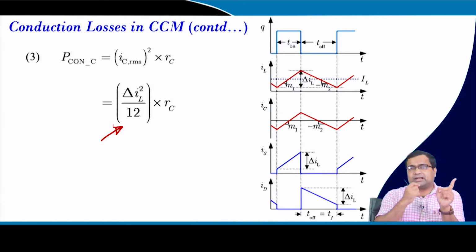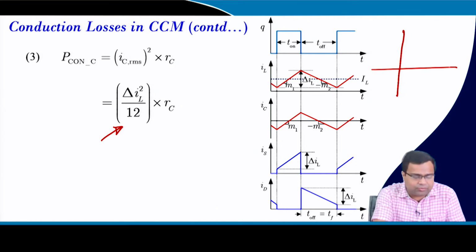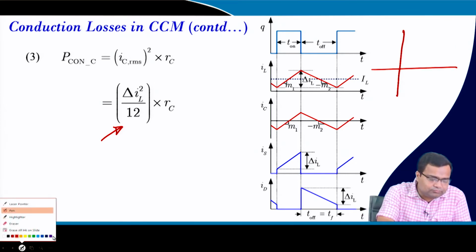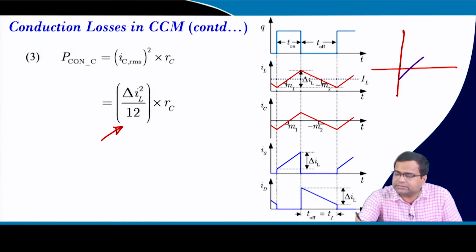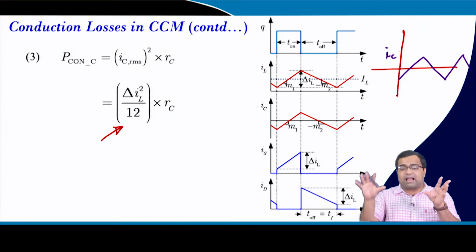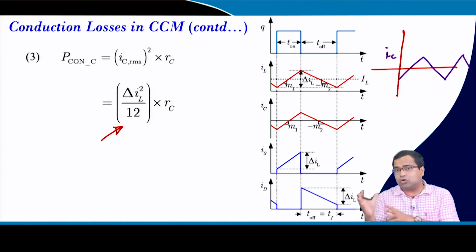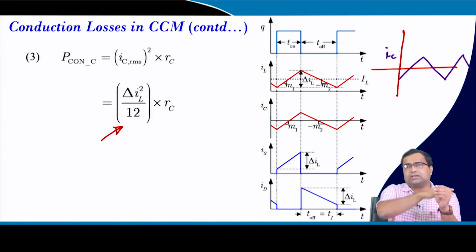And if it is running under synchronous conduction mode, this is my capacitor current, and the capacitor current will be the same as the inductor current if the load is removed. That means the power will flow back and forth between the source and the load. Sorry, because there is no load, the capacitor will actually recirculate the energy through the source.